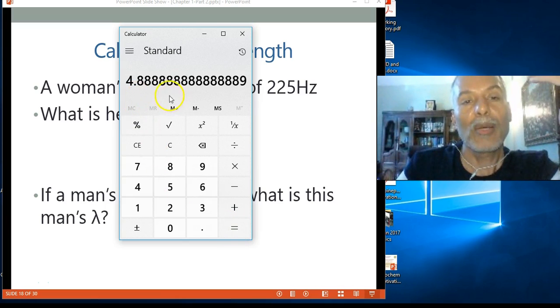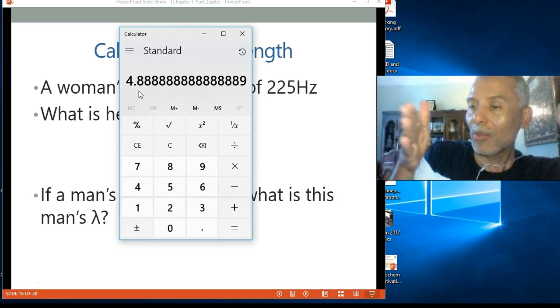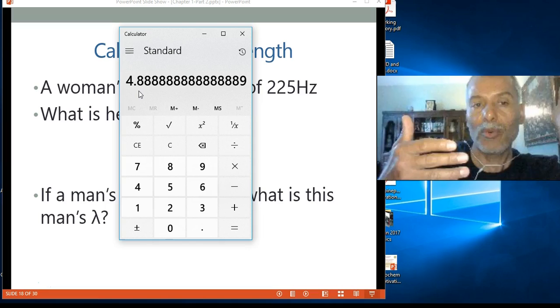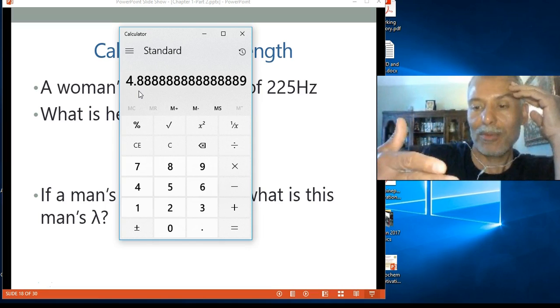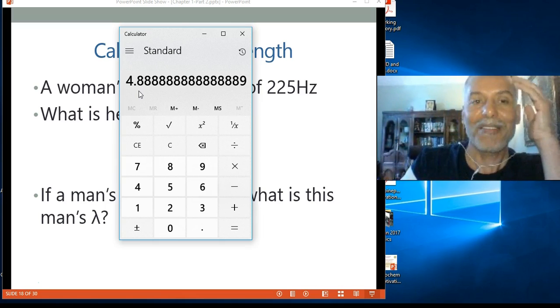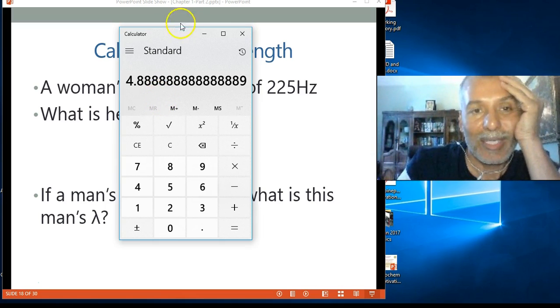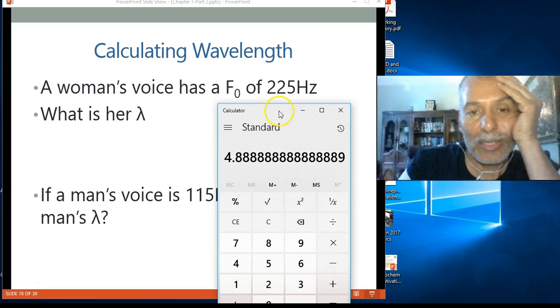So the wavelength for that woman's voice is 4.88, which is a little bit less than 5 feet. So the sound wave is going to go 5 feet away from her. Actually, it's going to go 2.5 and go back 2.5. We'll explain that in class.